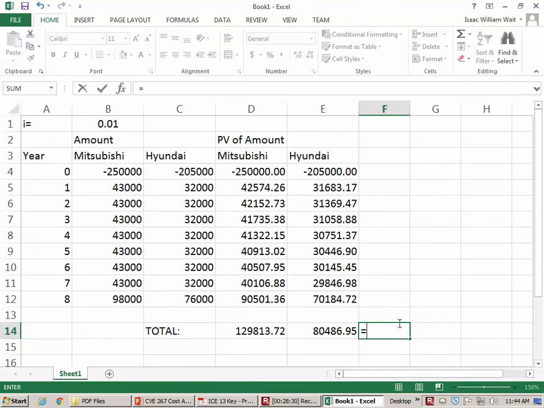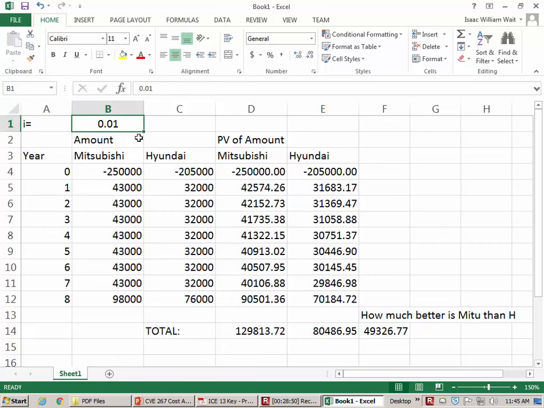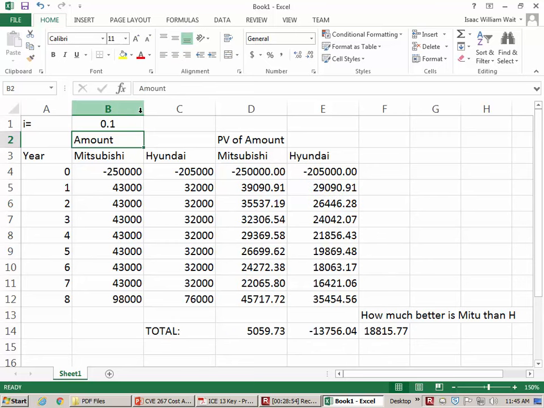The difference between the two is maybe what we could say is how much better Mitsubishi is than Hyundai. So if that becomes negative, then that would tell us that the Hyundai is actually better than Mitsubishi. But at 1%, the Mitsubishi is still better than Hyundai. We were originally at 10%. Mitsubishi is better than Hyundai.